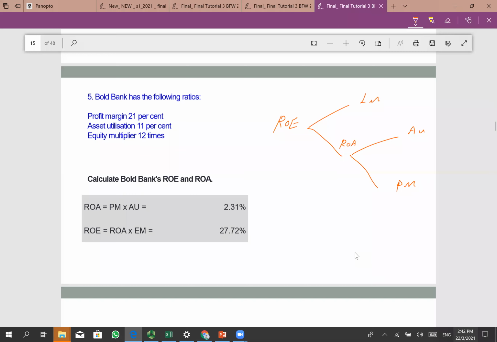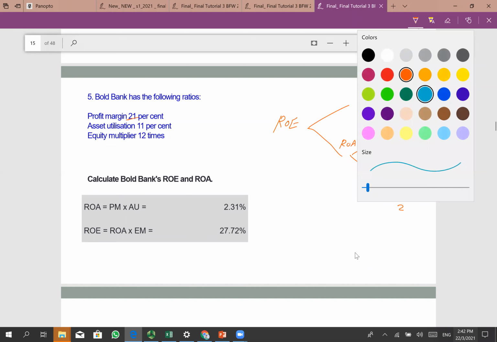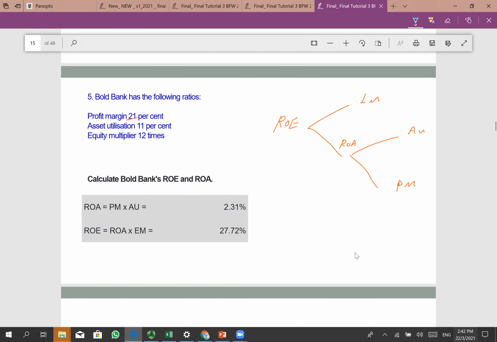So they told us this is actually 21%, and the asset utilization is 11%, which both of them give the ROA. And actually the equity multiplier is 12 times.